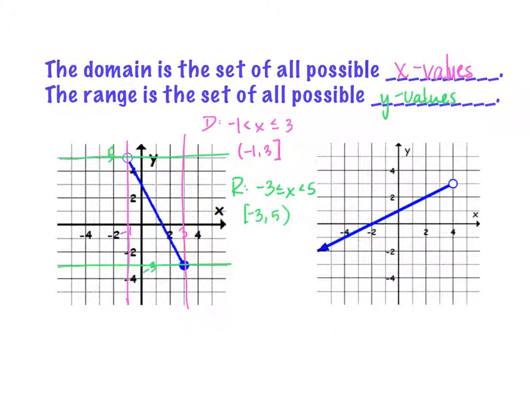We also end up having arrows at some point. So on this one, if I look at this from left to right, and I'm just looking at domain, the first thing I encounter on the left side is an arrow that goes out to -infinity.